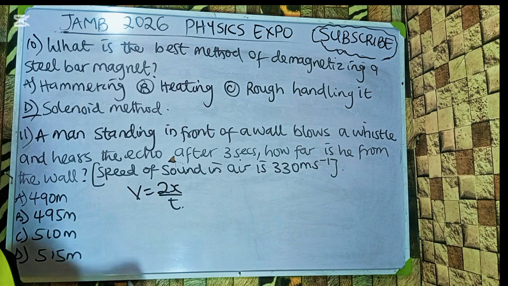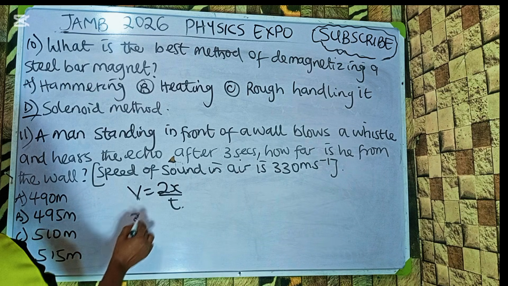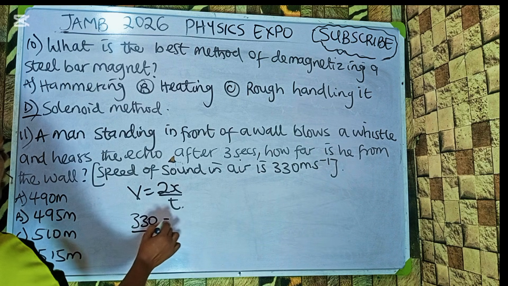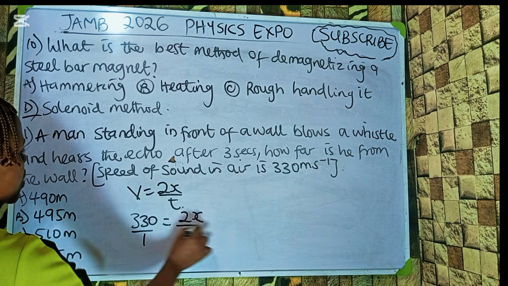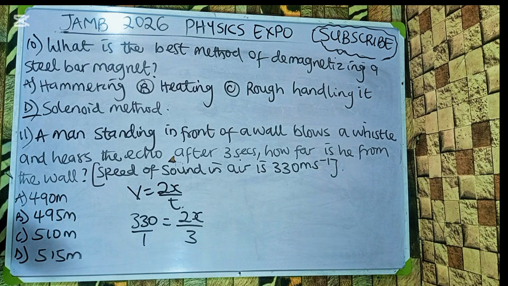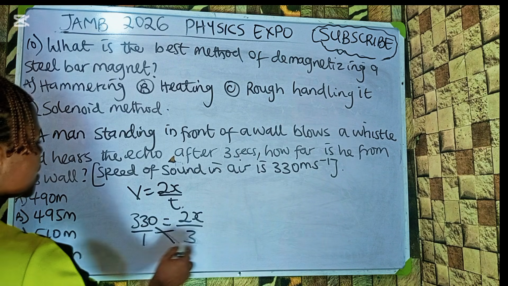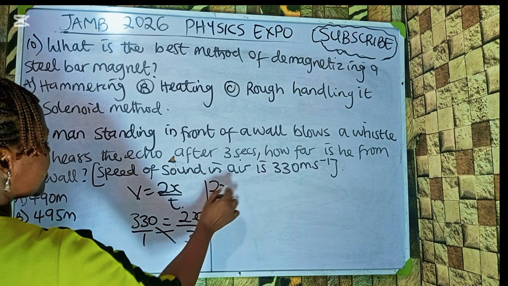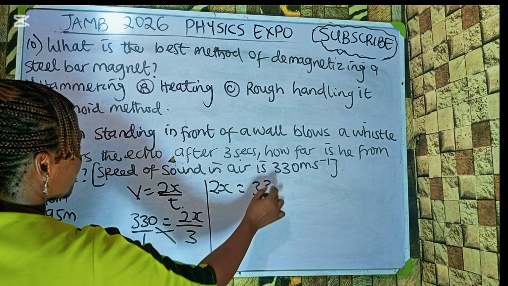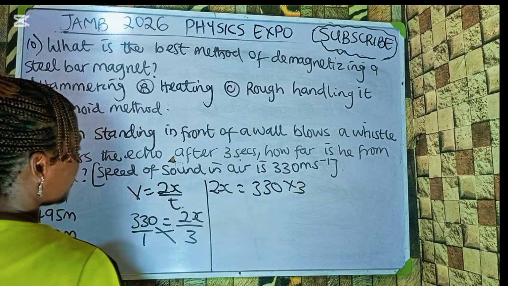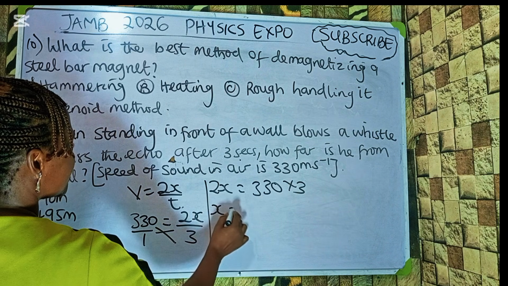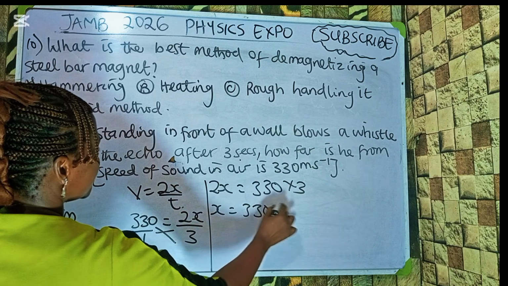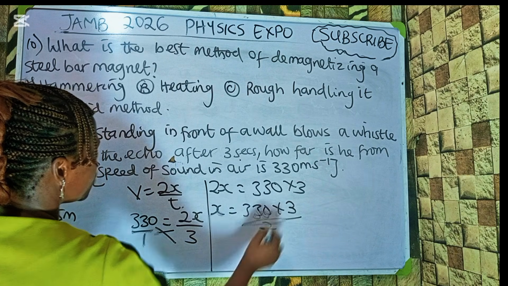So the speed of sound in air is 330. So let's solve. This is 330 over 1 is equal to 2 times x over 3, right? We are going to cross multiply. If we cross multiply, I have 2x is equal to 330 times what? 3, right? So that means x is equal to 330 times 3 all over what? 2, right?